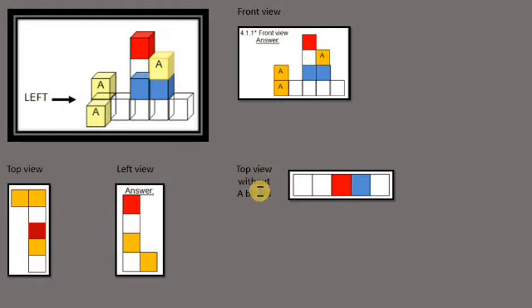Then your top view without the A blocks will be an open, a blue, a red, an open, and the back open one. That is the view that we have here. Open, open, red, blue, open.